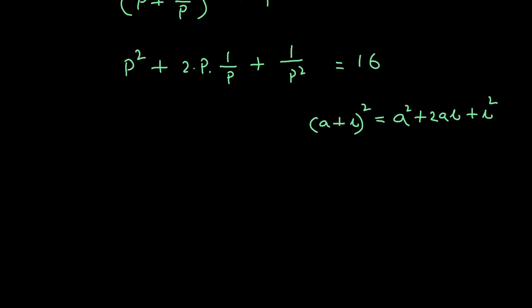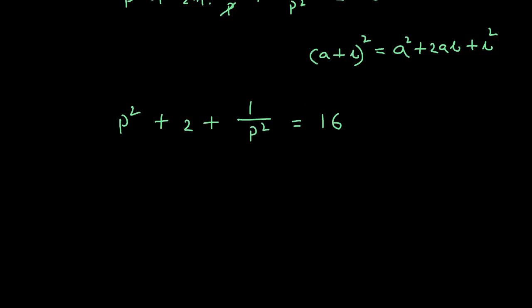Next, we can cancel this p and p. We can write p square plus 2 plus 1 by p square equals 16.